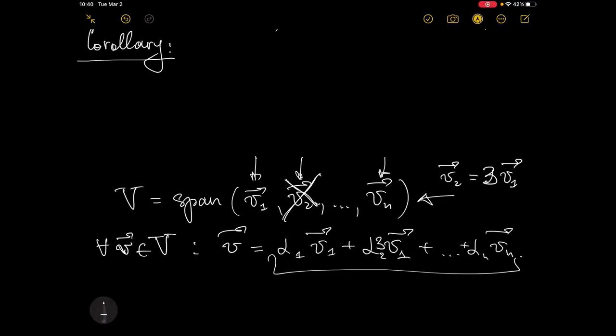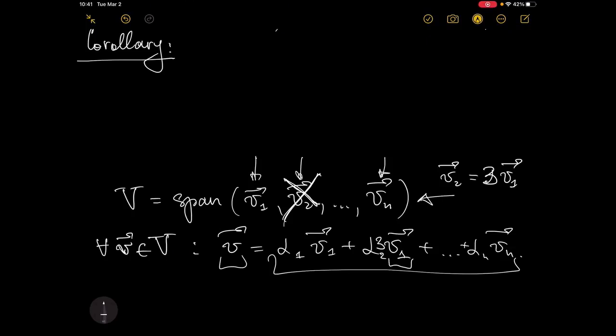The span stays. I can still express any vector from the vector space through a linear combination of vectors from the span. I don't need vector v2 because I can replace it by 3v1, and that's it. So this is the difference.